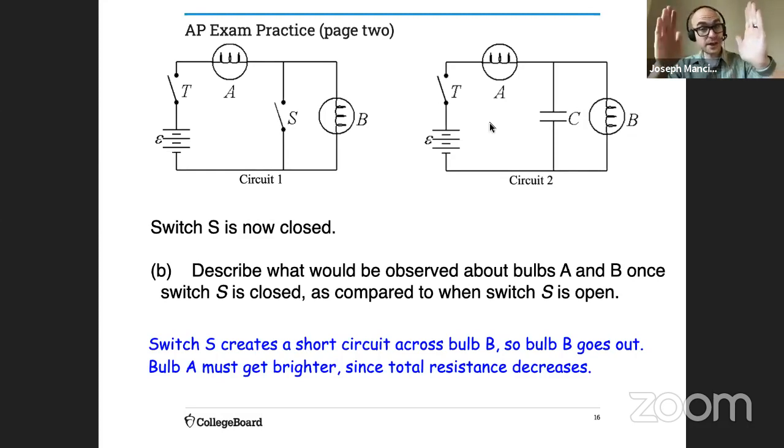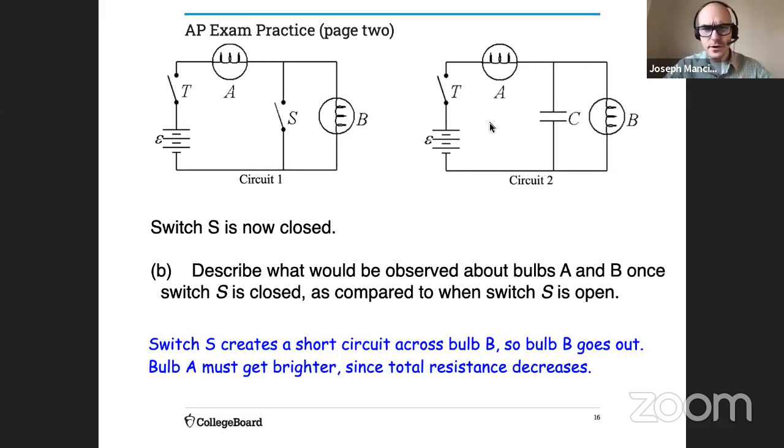The current in B stops flowing once that switch is closed. You might say that current leaving bulb A decides where it wants to go. There's less resistance in the path of switch S, so it goes that way. However you wanted to get there, once S closes, B just turns off.